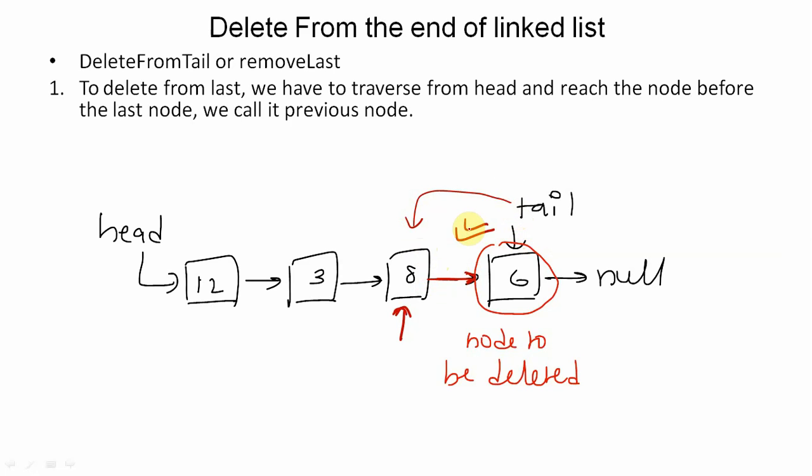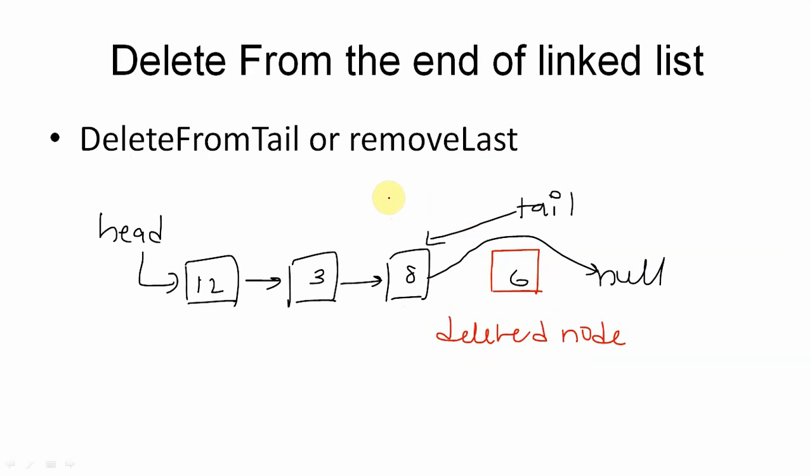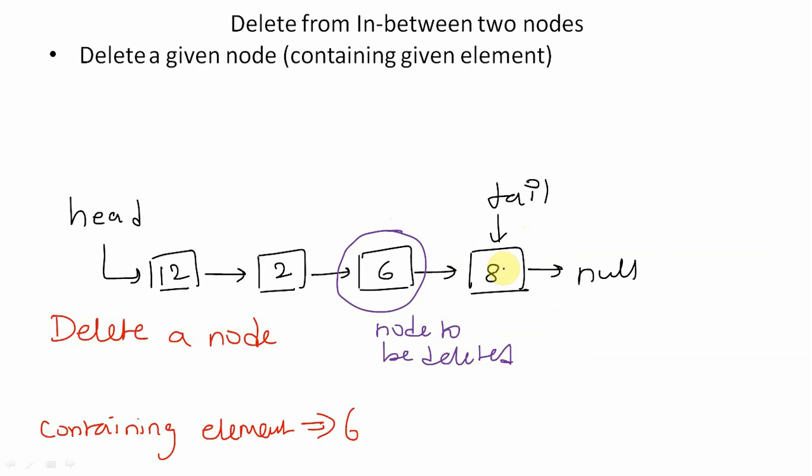To delete a given element, we have to traverse from head to the given element node, and also save a reference to the node before it. Okay, so we have to save the reference because we have to update the next of this particular node. We call it previous. Now if the given node containing this value is not present, then deletion will not be performed.